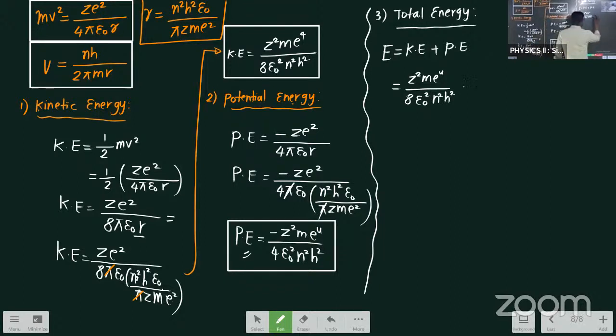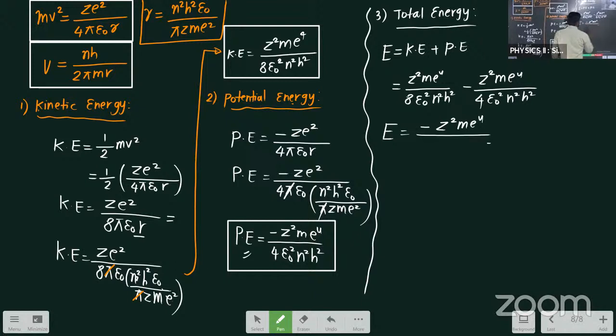Minus z square m e power 4 divided by 4 epsilon naught square n square h square. If you solve this, what will this equation become? This will become minus z square m e power 4 divided by 8 epsilon naught square n square h square.